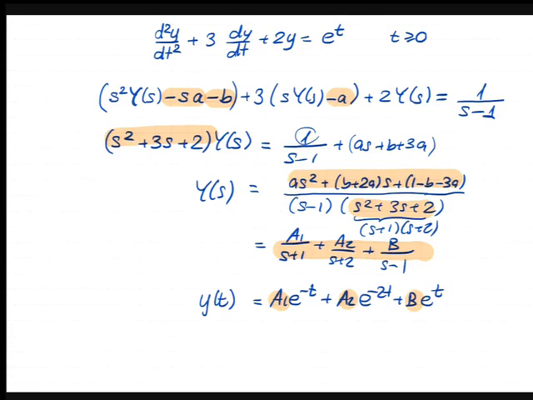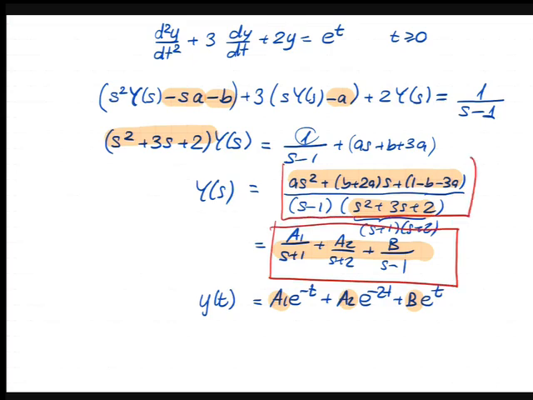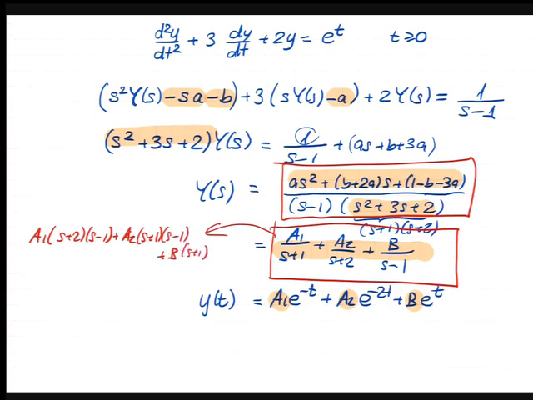So you have to make sure this expression here matches this expression. Okay? So this needs to be simplified, so you're going to have something like A1 S plus 2 S minus 1 plus A2 S plus 1 S minus 1 plus B S plus 1 S plus 2 divided by S plus 1 S minus 1, blah, blah, blah, right?